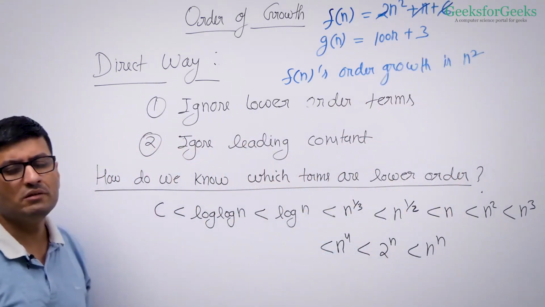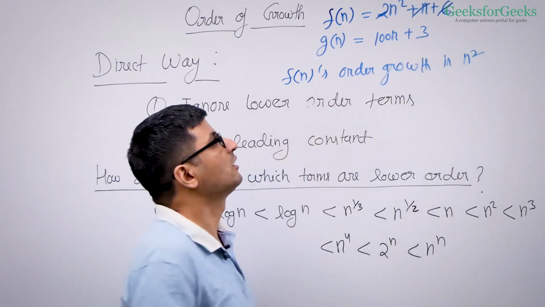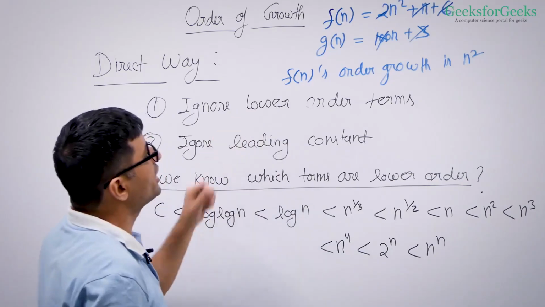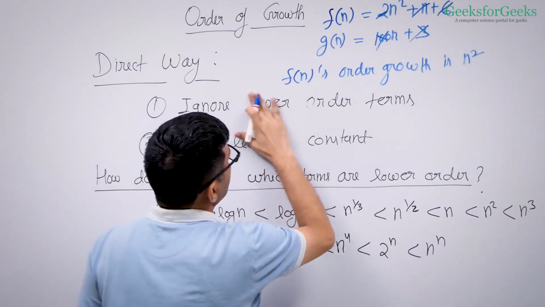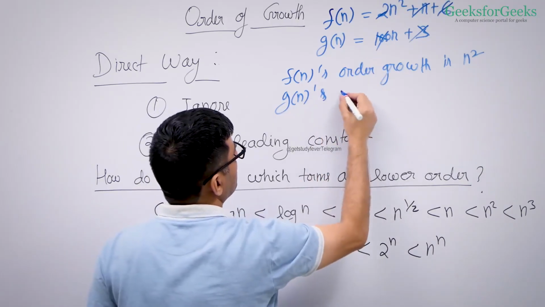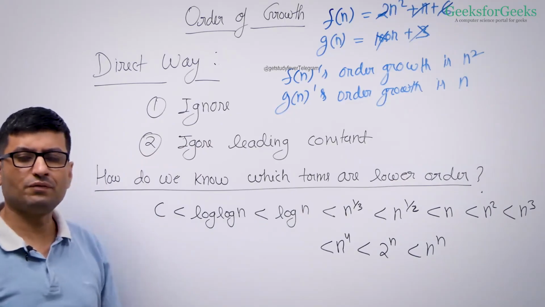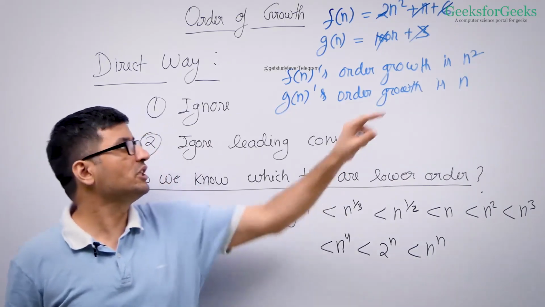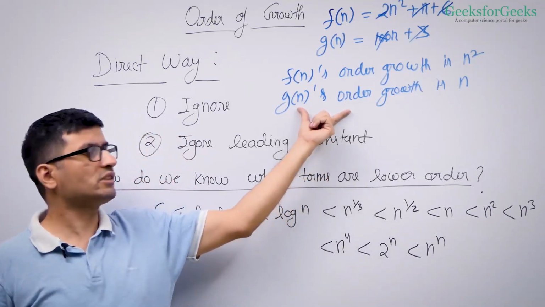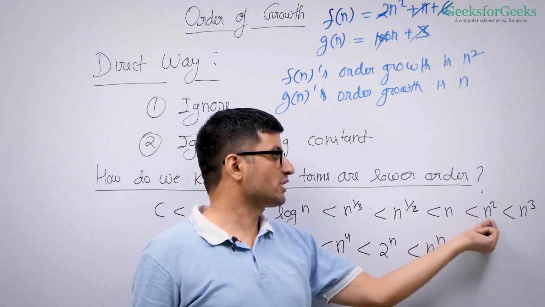And what about Gn? You can ignore the lower order term, which is a constant. You can ignore the leading constant. And you can say Gn's order of growth is linear. Now if there are two algorithms and they have these times taken by them, then you definitely say that Gn is better because n is less than n square.